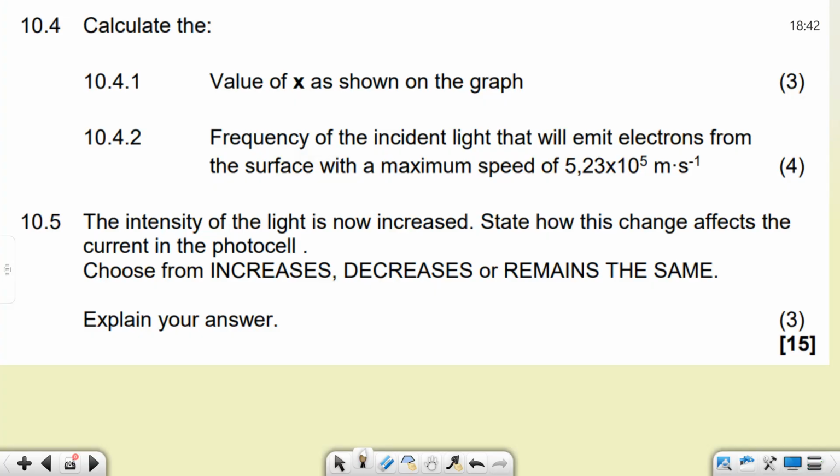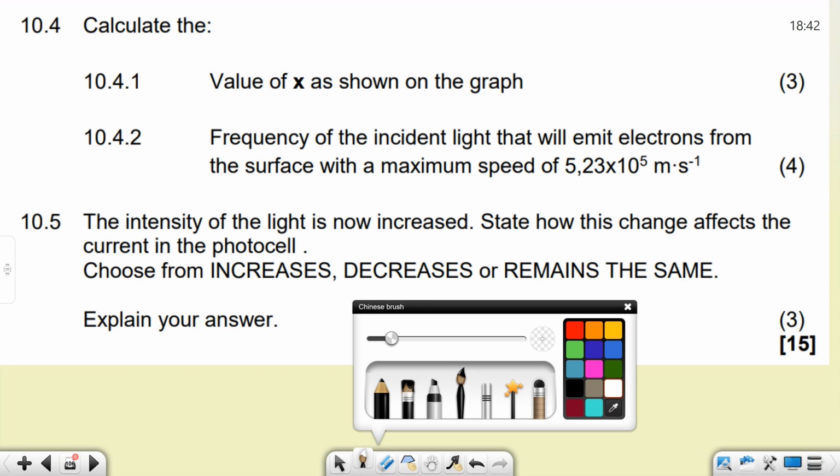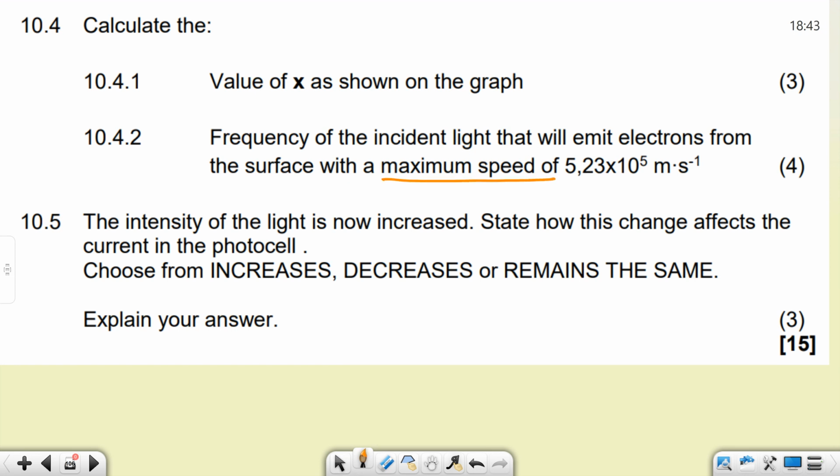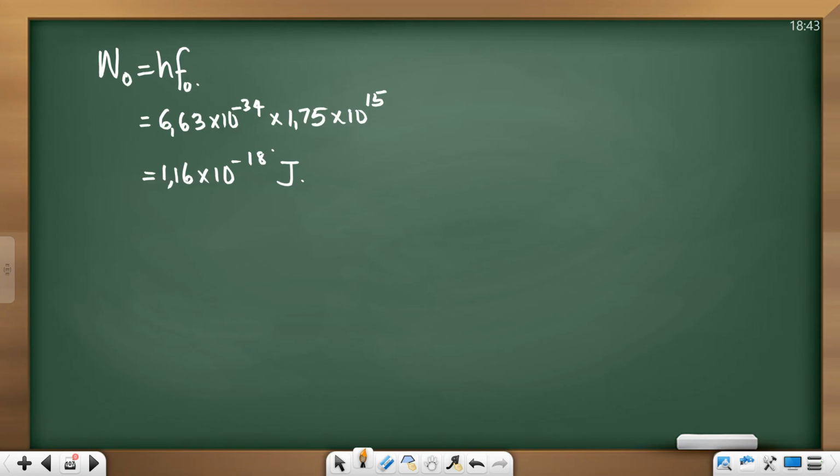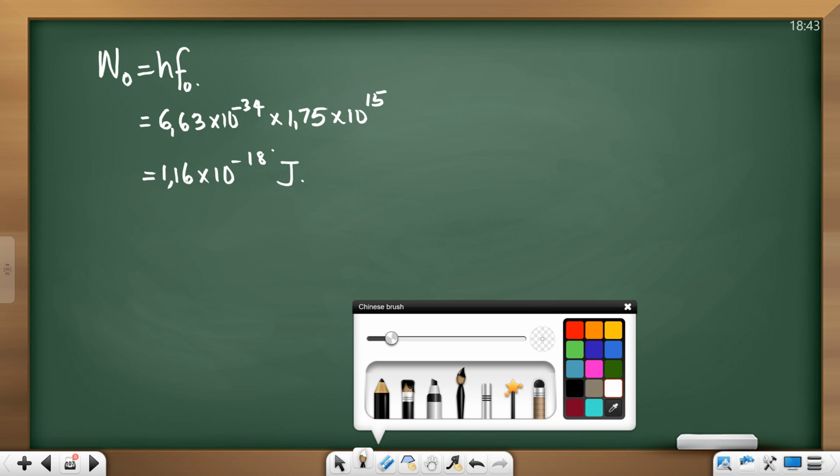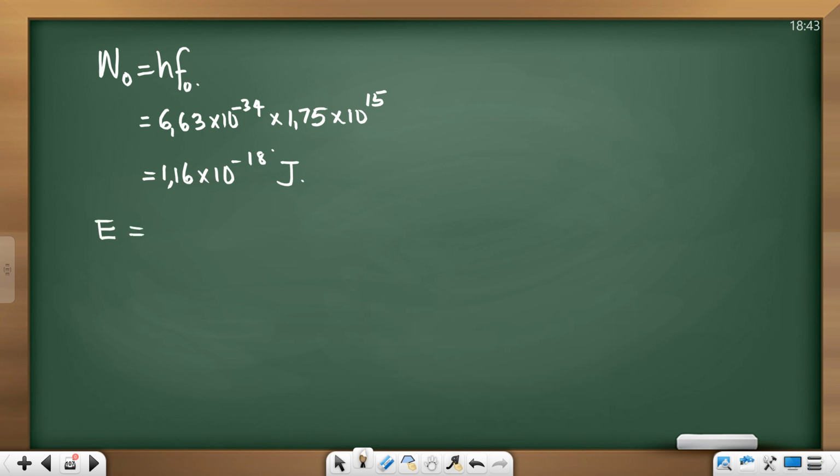Now, calculate the frequency of light that will emit electrons from the surface with a maximum speed. What is this? Speed, which is v. What are we looking for? Frequency. Easy. We go to the main formula, which we all know. E equals what?